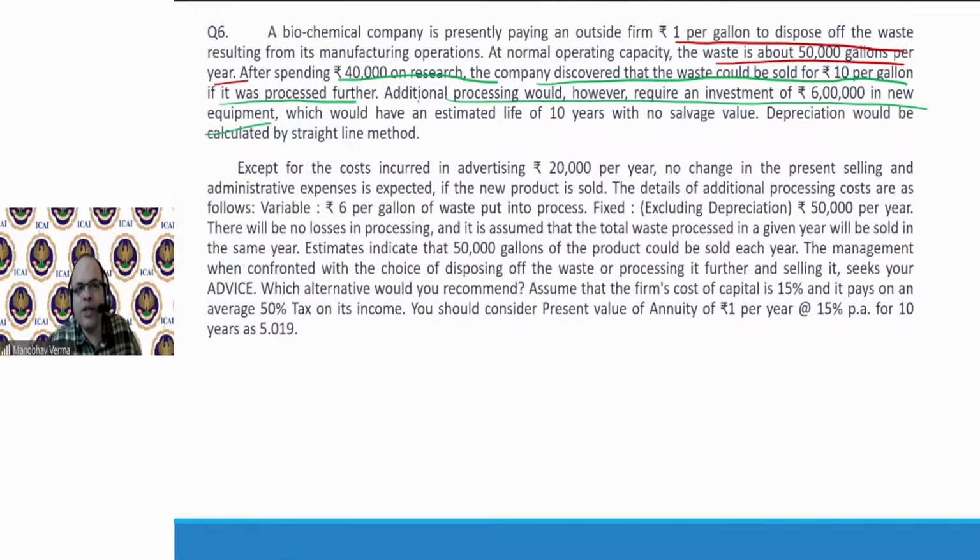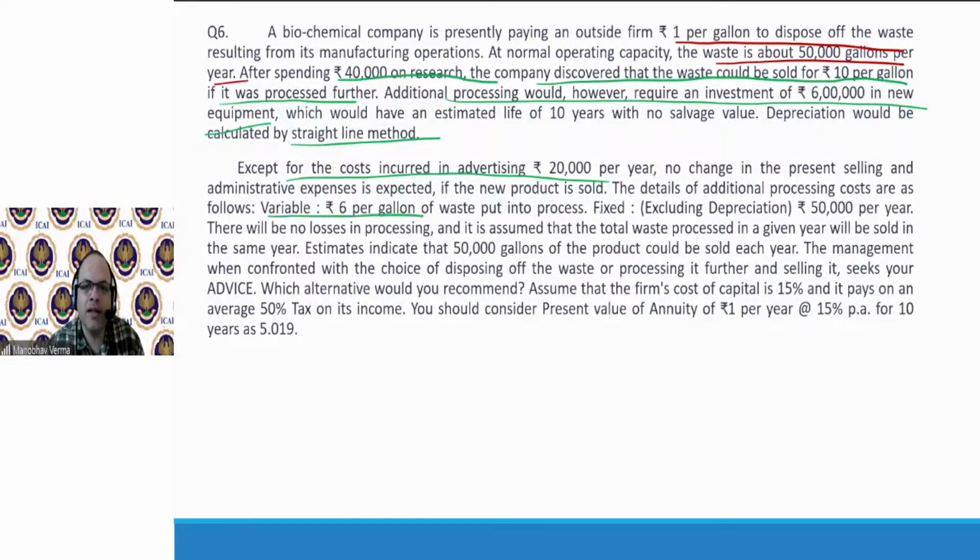So we are talking about 6 lakhs in new equipment, which would have an estimated life of 10 years. Depreciation, thank God, is straight line method. Except for the cost incurred in advertising of 20,000 per year, no change in the present selling and administrative expenses is expected if the new product is sold, and the details of additional processing costs are given.